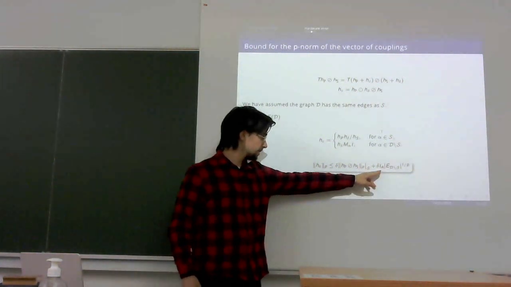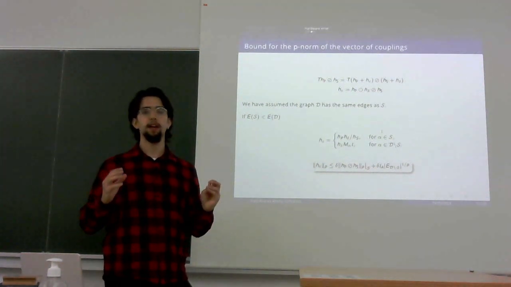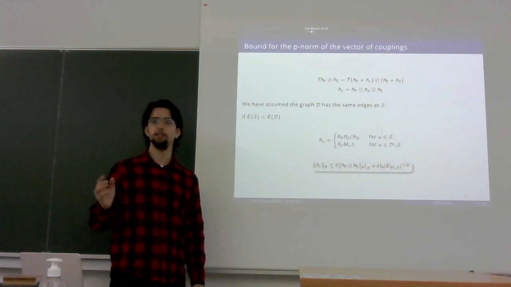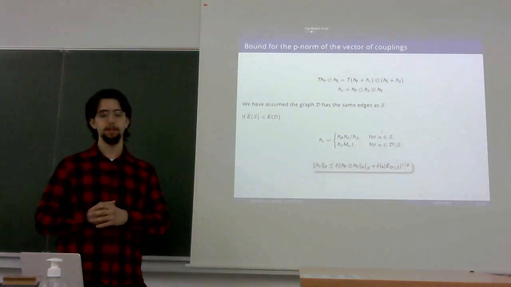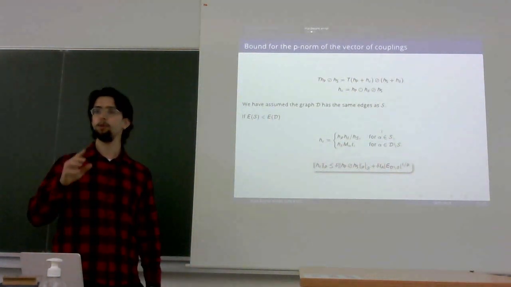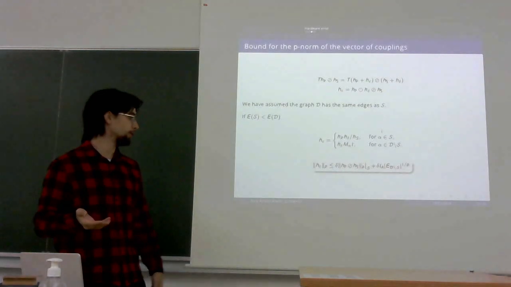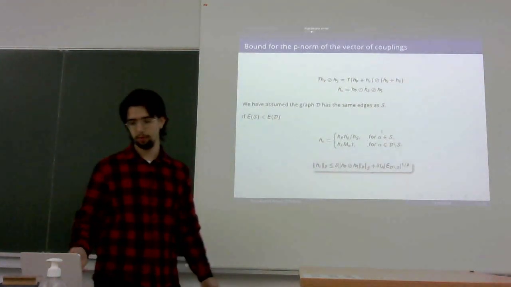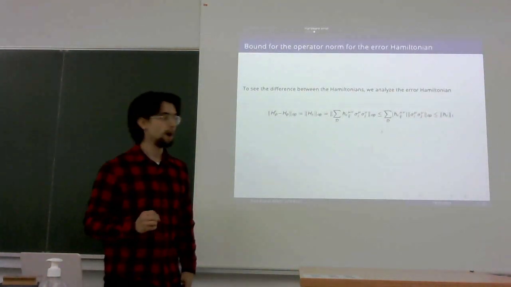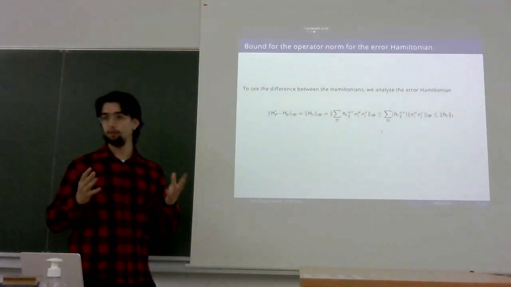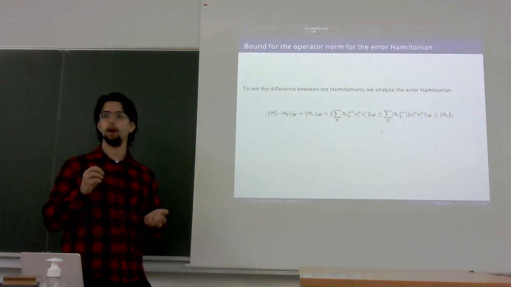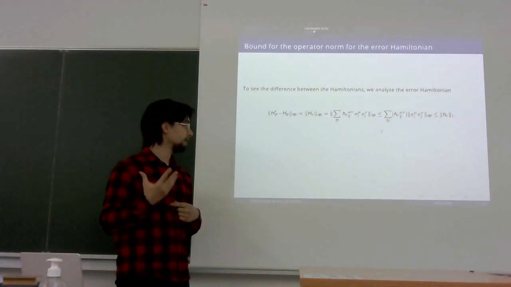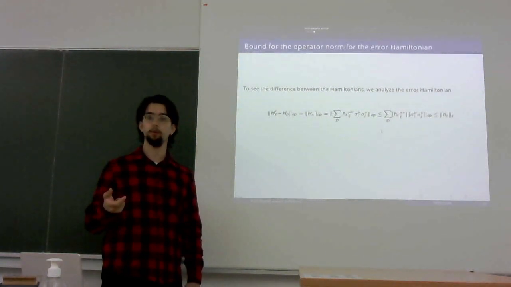For the second part, we bound thinking that these unwanted, unexpected errors are not going to be changed in any part of our circuit, so they are just accumulating the maximum error delta. On the other hand, the parts that we were expecting are going to be given by just what we have solved so far. Now, to bound the Hamiltonian error, or to see the difference between the one that we are applying the circuit to and the one that we are getting, we only need to check the error Hamiltonian after applying the different rotations.